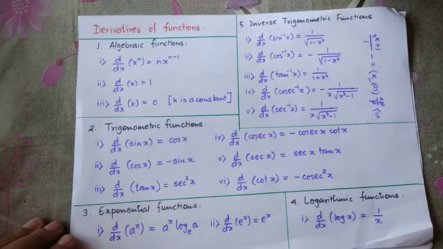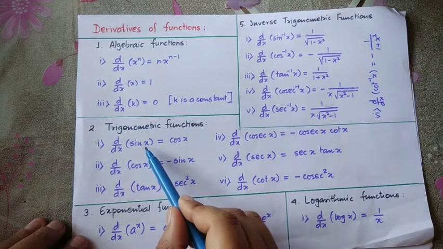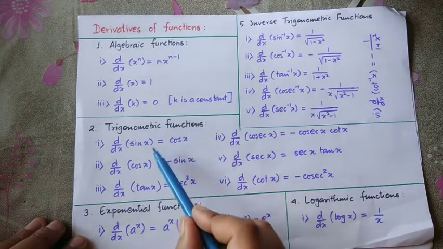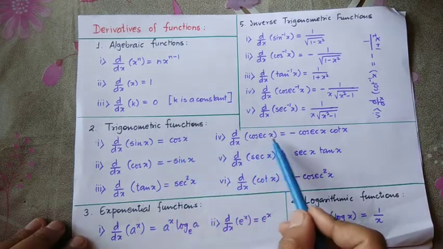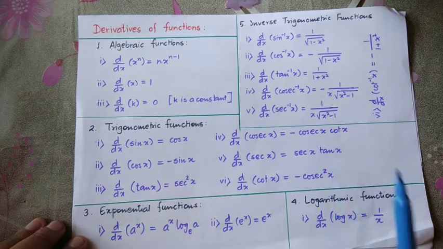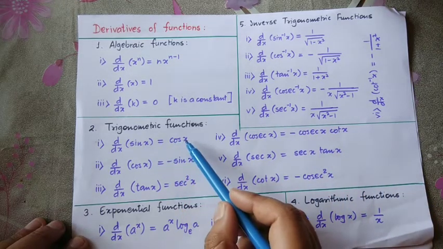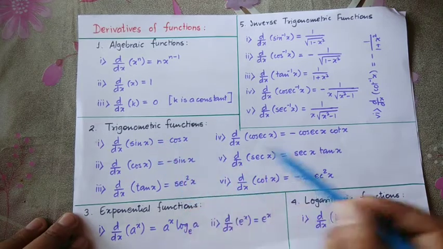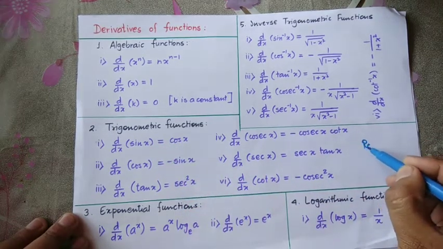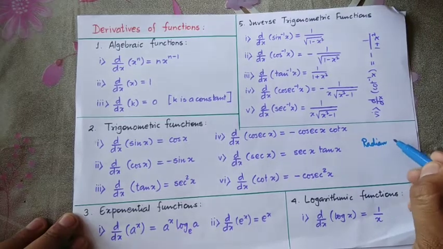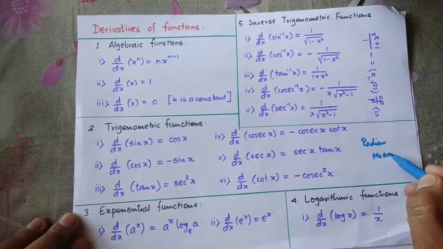Before we move on to the next question, I would like to remind you of one thing which I have not said in the beginning session: this x in trigonometric functions, whatever x are there, all this x represents an angle. Now all these angles are with respect to radian measurement, not degree.